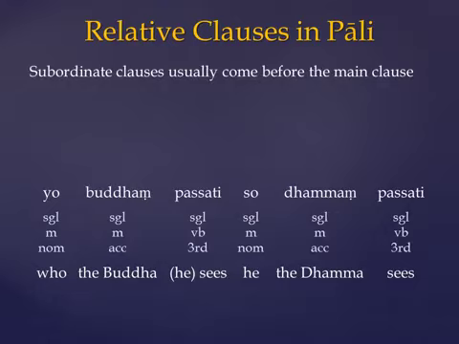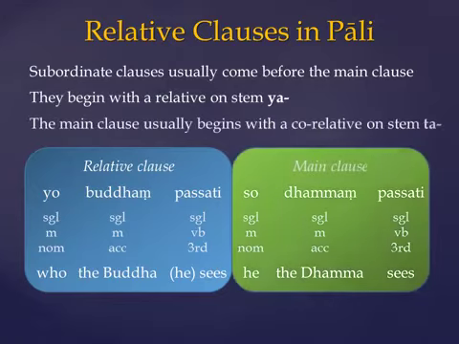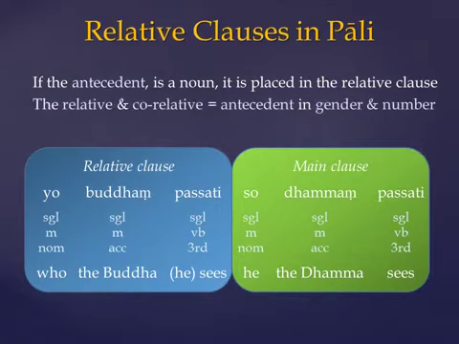We can identify the relative clause because it will begin with a relative term, either a relative pronoun or adverb formed on the stem ya, while the main clause will generally begin with a correlative pronoun formed on the stem ta. The antecedent, if it's a substantive, will appear in the relative clause, and both the relative and the correlative pronouns will agree with the antecedent noun in both number and gender.